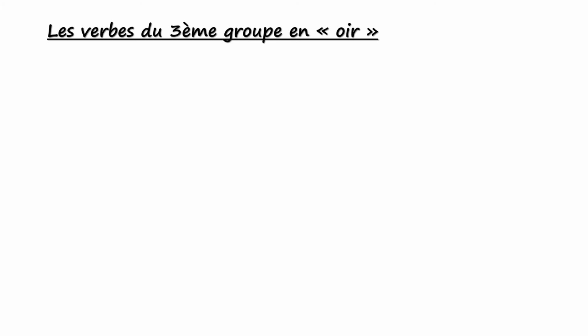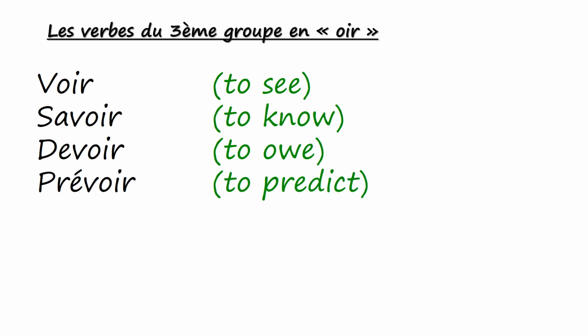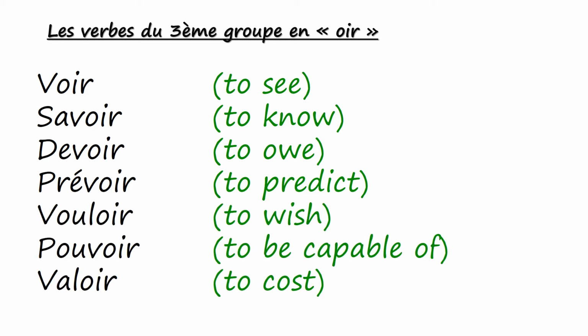Now we have another category of OIR verbs, which is this: voir, savoir, devoir, prévoir, vouloir, pouvoir, valoir, and pleuvoir. Okay, so we see how we conjugate them.